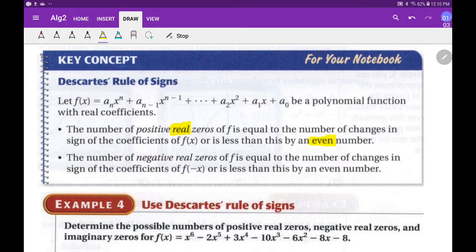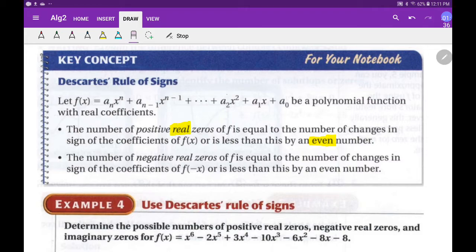If I thought I had 4 and then I don't, it could go down to 2 or it could be 0. But it's not going to go down by ones, because if you have imaginary roots, there are always 2 of them. Remember last time we talked about the fact that every imaginary and every irrational root has its buddy that comes along with it. So they're going to go down by 2s.